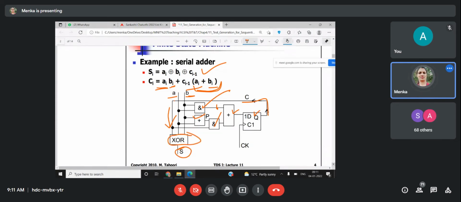So this whole logic is for Ci calculation, and the clock is there in the flip flop which is storing the value. Understood?